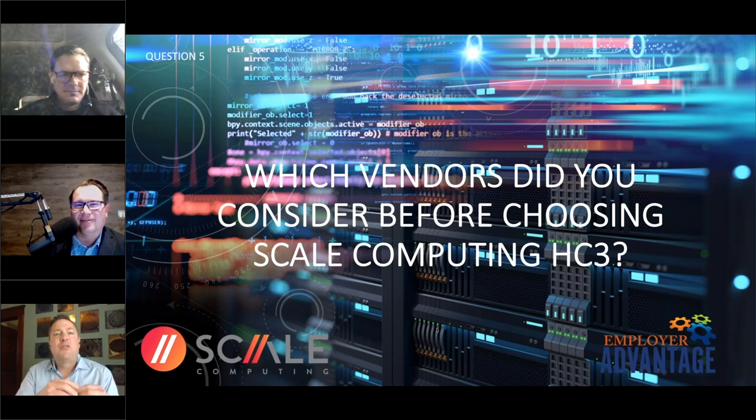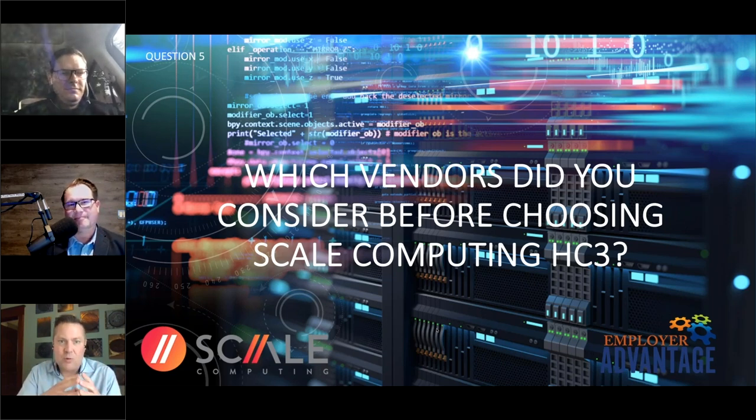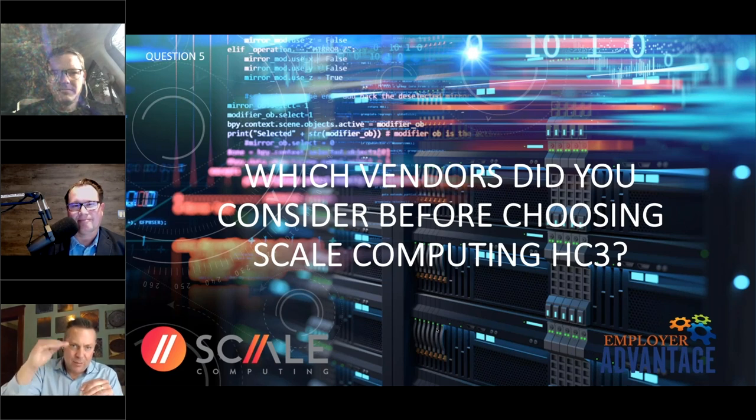Which vendors did you consider before choosing Scale Computing HC3? Well, there's a really good way to make a case, and one is to get a number for what you are already doing. So I reached out to a big vendor and said, look, I need a 3-2-1 stack to match one-to-one exactly what I've got. That gave me my baseline number.